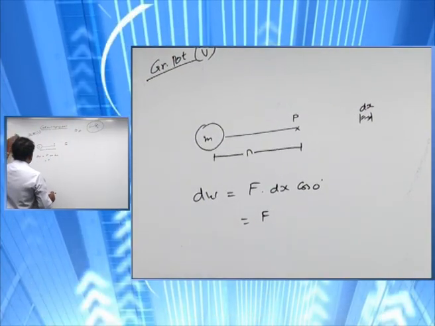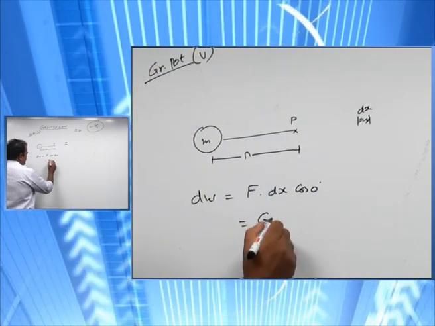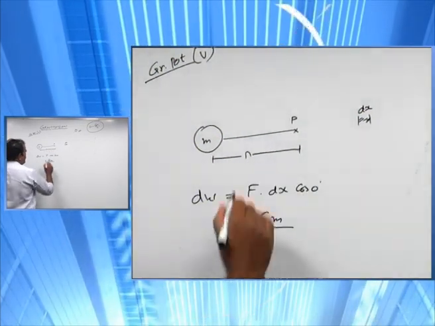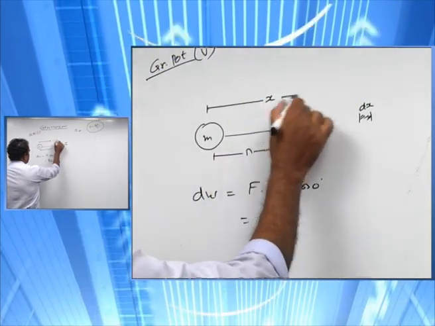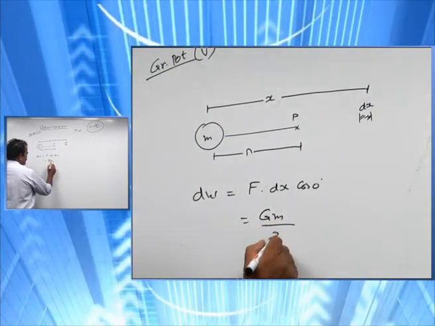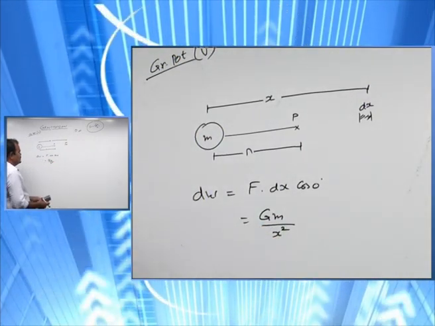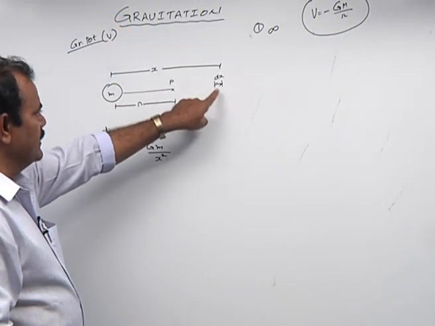In place of F we can apply GMm by x square, where the unit mass is at a distance x. So F is equal to GM by x square, the force of attraction existing at this elementary distance.